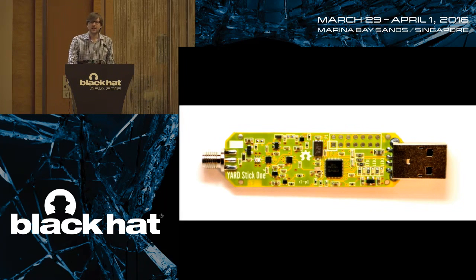That's called the CC1111, and it's one of many wireless transceiver chips that are on the market that are affordable and can be found on all sorts of different development boards that you can buy, or tools like Yardstick 1 that you can buy, or that are embedded into all manner of different radio products. So including one that I'll be reversing today for you.